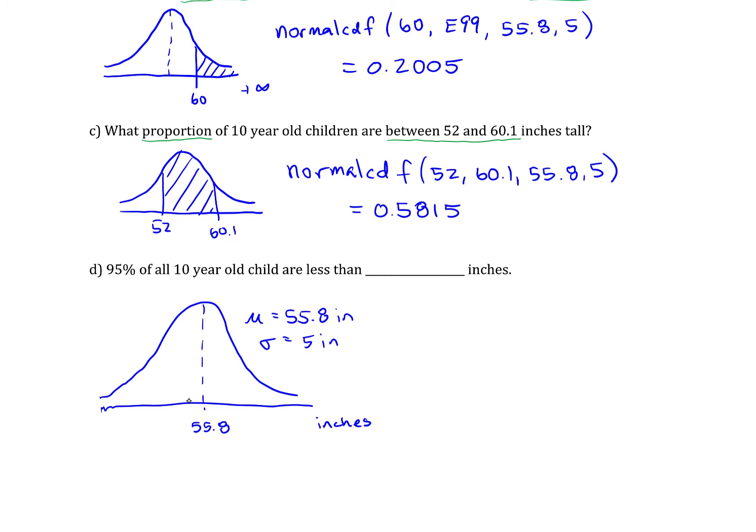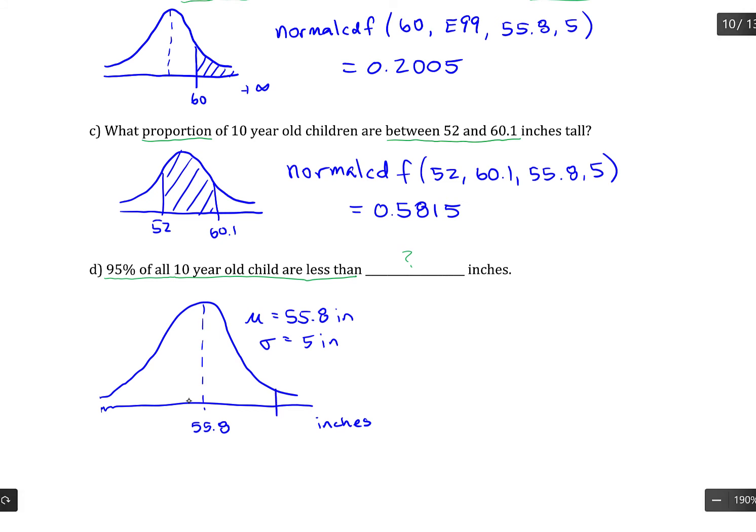And what I'm looking for here is 95% of all 10-year-old children are less than some number of inches. So it's an x value along the x-axis. So 95%, that's a very big proportion. And less than, that means shading to the left of a value.